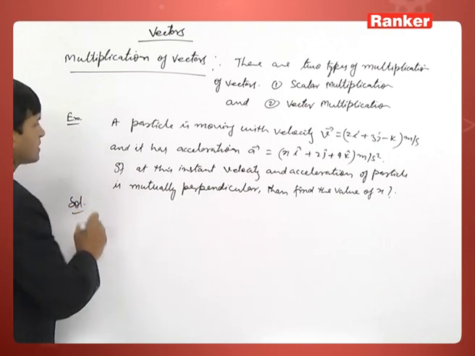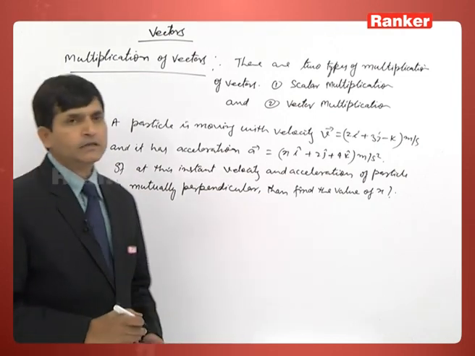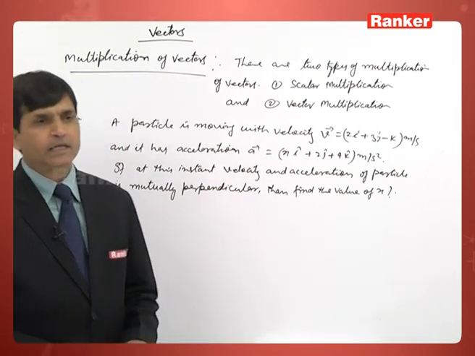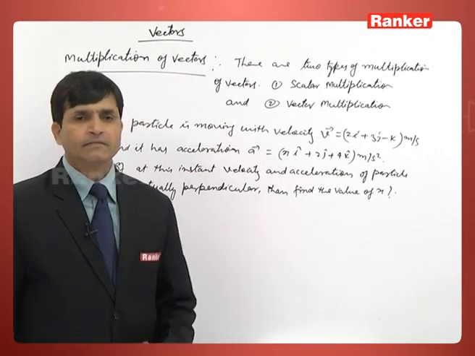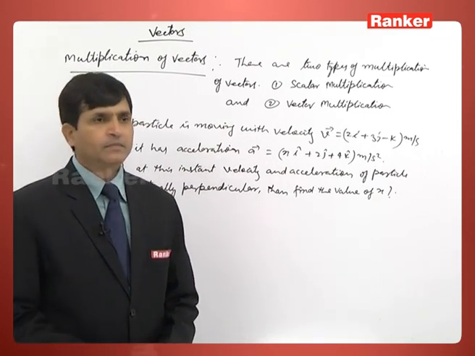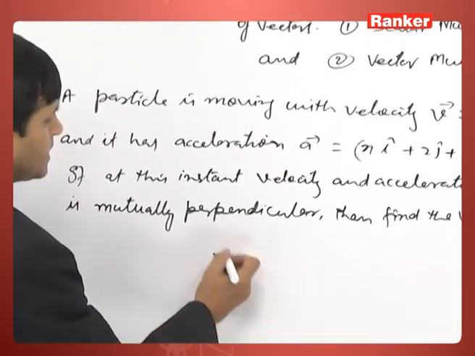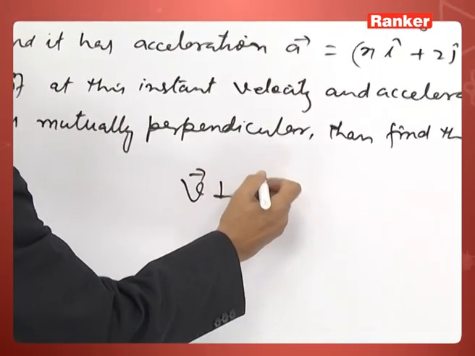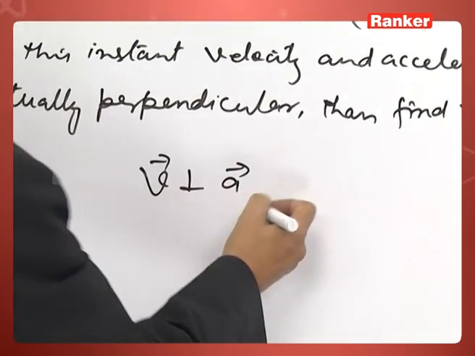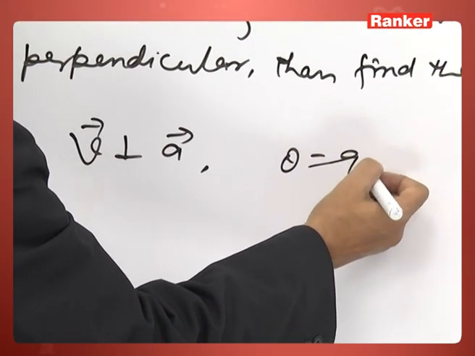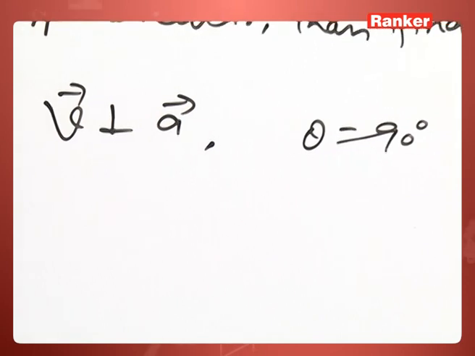Now, this is the question here. Velocity and acceleration of the particle are given and they are asking if these two are perpendicular. So, what is the value of x? It means V and A are mutually perpendicular, so we can say theta is here 90 degree.